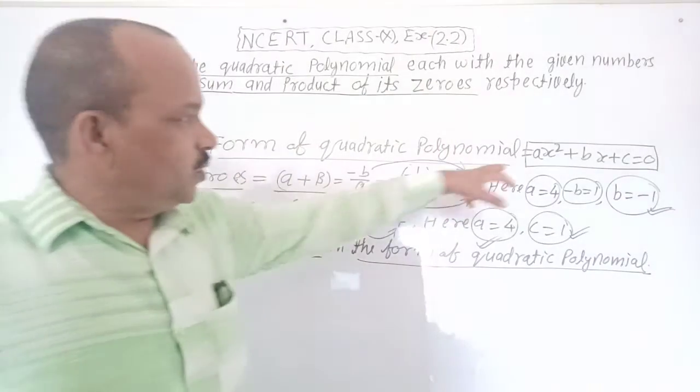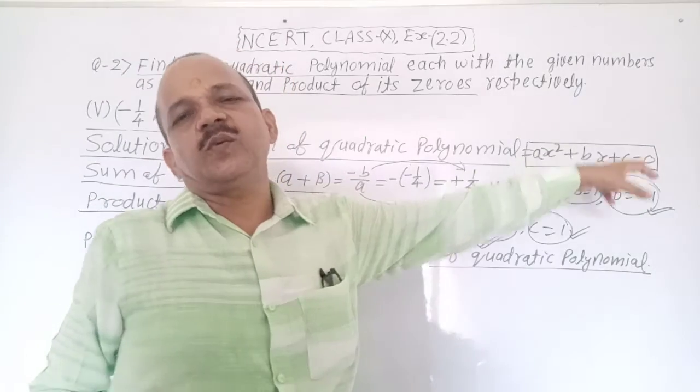Form of quadratic polynomial is ax square plus bx plus c equal to 0.